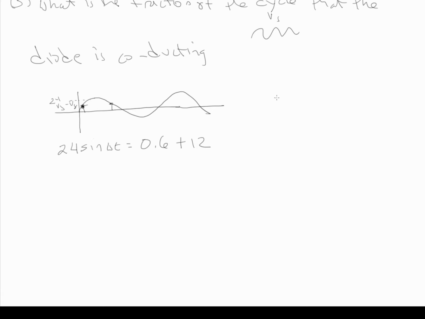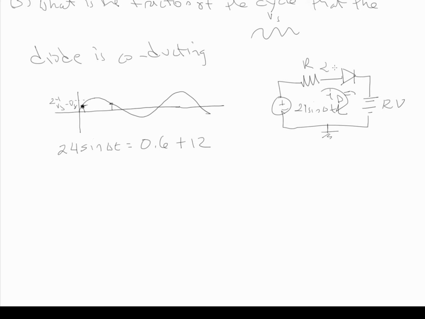So what I did here was I looked at the power supply, which we knew was 24 sine omega t, and then we have our resistor, and then we have our diode, and then we have our power supply, and this is 12 volts, and then we have ID. So at this point right here, ID is equal to 0. I'm just saying at this point right here, it's just at the border of conducting and non-conducting. So ID is still 0.